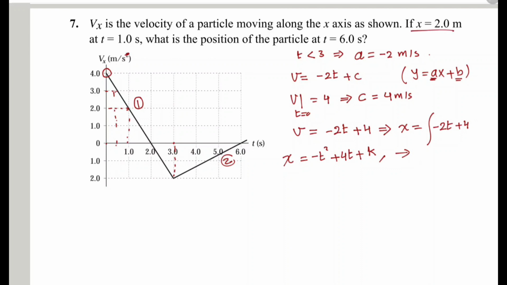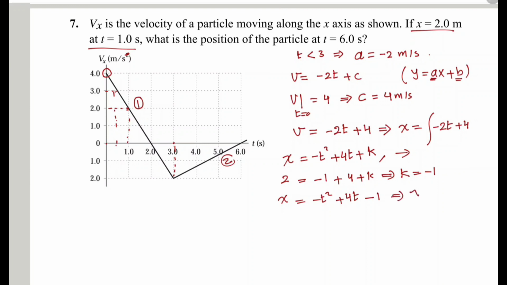If x equal to 2 at t equal to 1, you substitute and you will find that 2 equal to minus 1 plus 4 plus k, or in other words, k equal to minus 1. So the position in the first part of the curve is equal to minus t squared plus 4t minus 1.